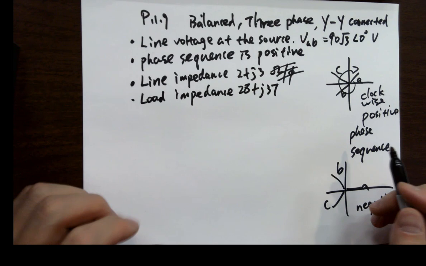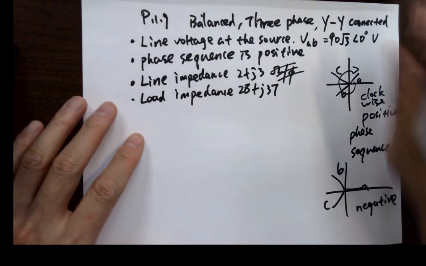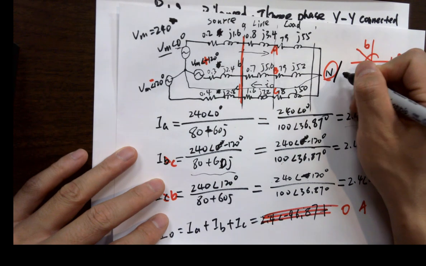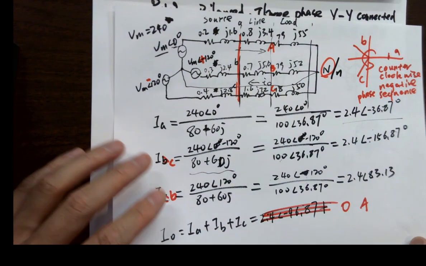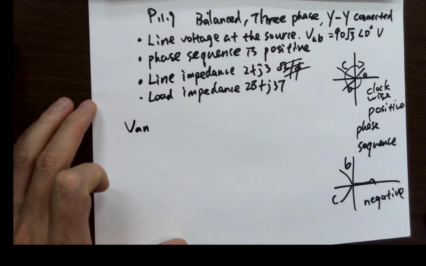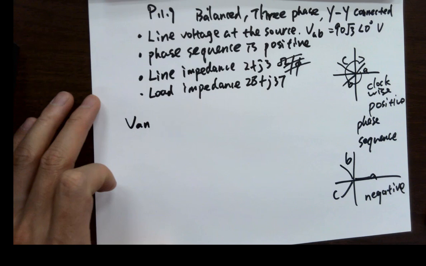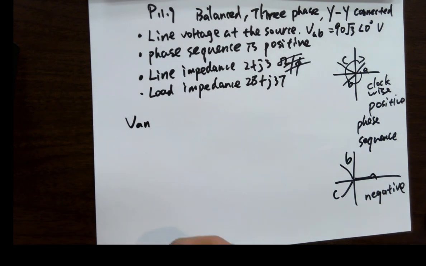Okay, so it's asking for VAN first. This point could be N as well, doesn't matter, lowercase or uppercase. So VAN. This is why it starts getting confusing.